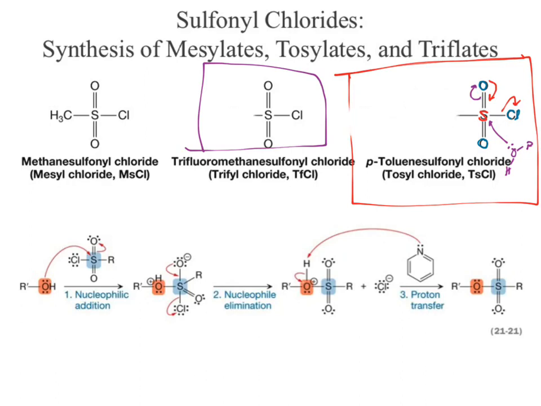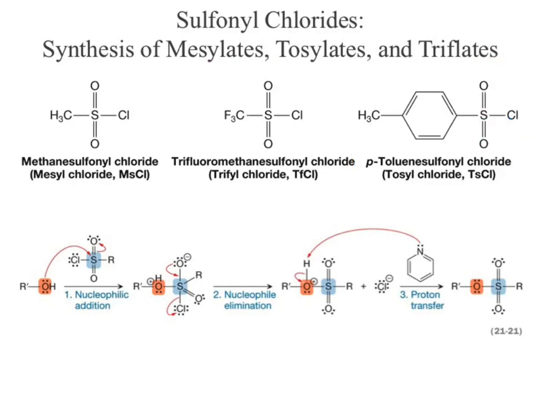What is common between those 3 reagents? We have that sulfur with 2 pi bond oxygens and chlorine as a leaving group. All we're changing is modulating the R group on these.